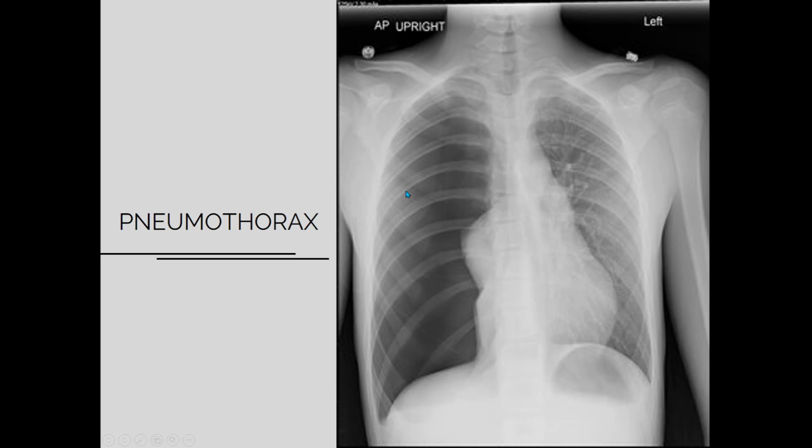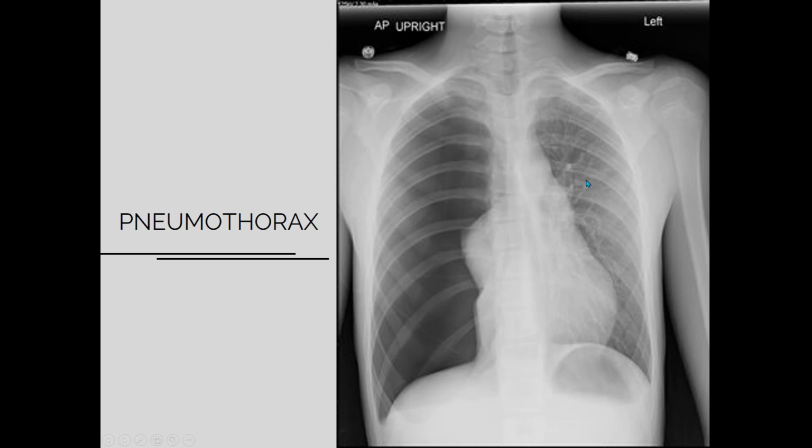In this picture, you have to just focus on this side. If you compare this with the left side, you can notice that on the left side normal bronchovascular markings are present, but these are not very clear. Why? Because this is an AP X-ray. In an AP X-ray, as I informed you earlier, it is usually not very clear, and sometimes it feels like there are some infiltrates.